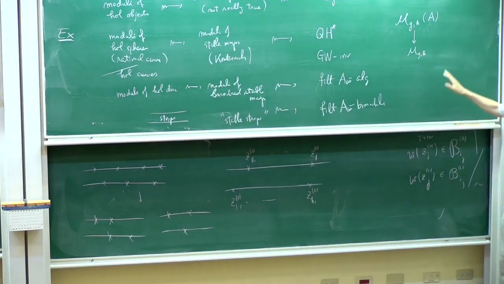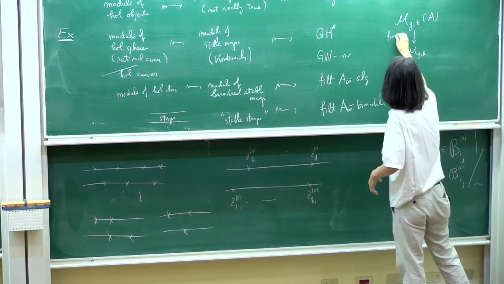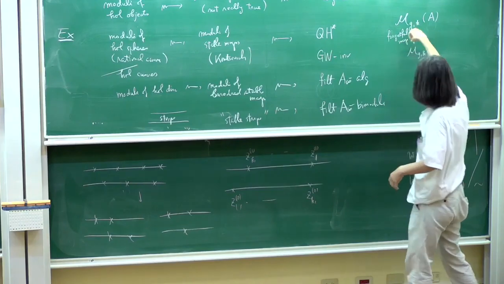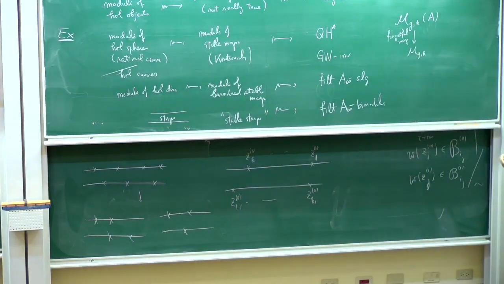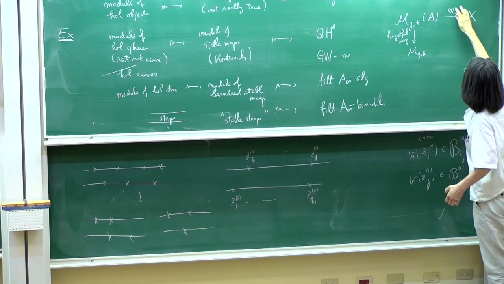Certainly in some cases you don't have this forgetful map. You just remember the information of the domain curve. And also you have a bunch of evaluation maps, right?